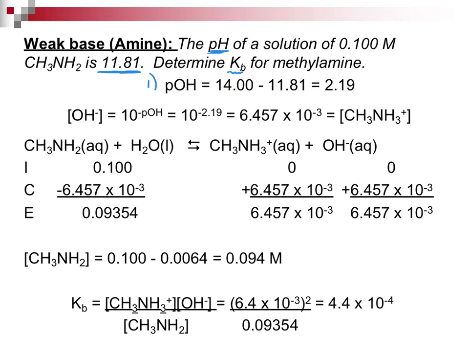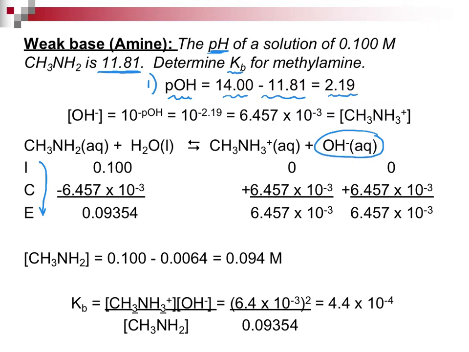Well, pH is not going to do you much good. When you write your equation that you will be putting in and making an ice table, you need to have an OH minus concentration. So what I did is I said, okay, I'm going to find the pOH. If I type 14 in my calculator and subtract 11.81, I'm going to get the value of pOH.